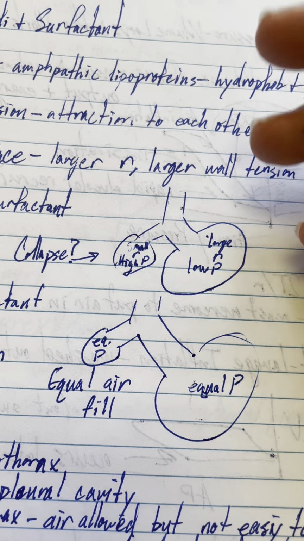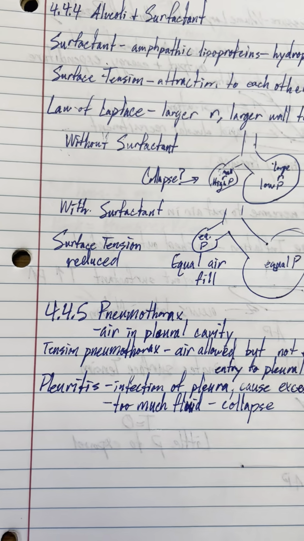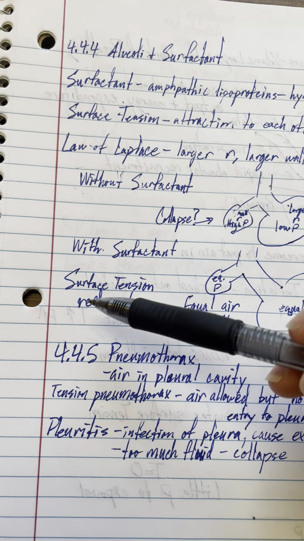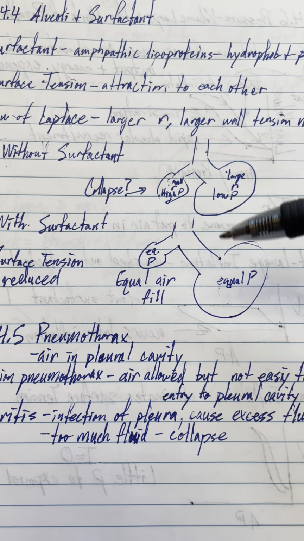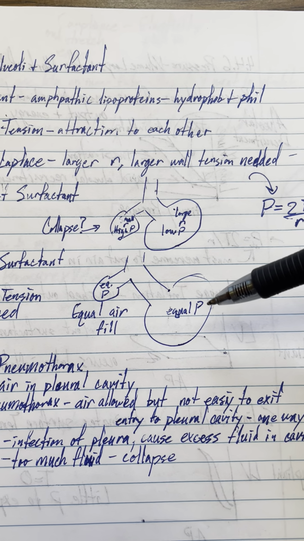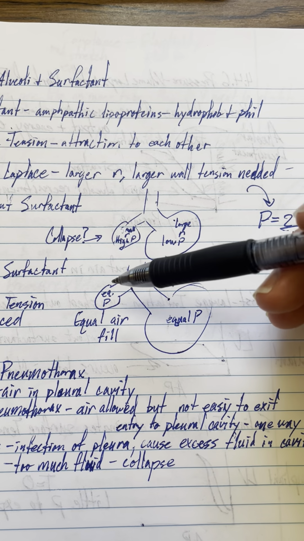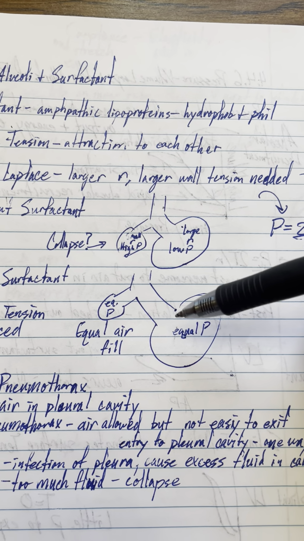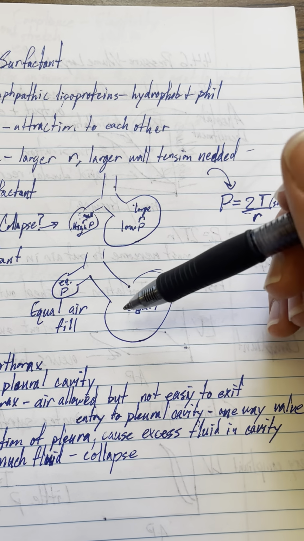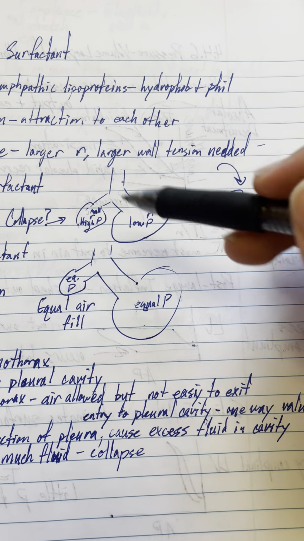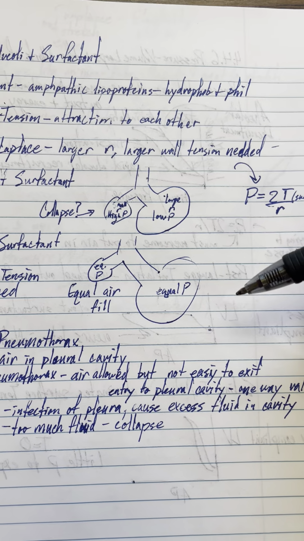You'll have high pressure to collapse. With surfactant, though, you reduce the surface tension and you equalize the airfill between your bigger alveolus and your smaller alveolus. Equal pressure, even though you have different radii within each alveoli.